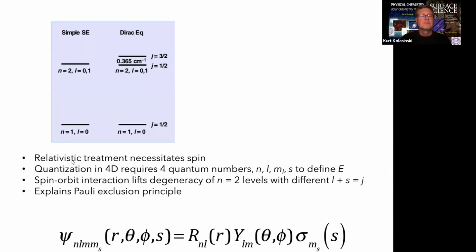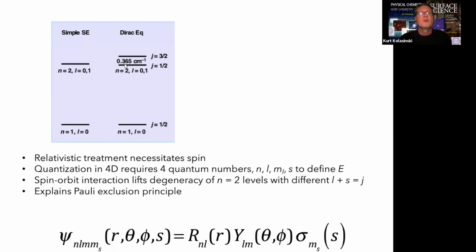Okay, so in the simple Schrödinger equation, energy only depends on n, so all the n equals 2 levels have the same energy. They're all degenerate. But when you do the fully relativistic treatment, boom, spin falls out naturally, and we get these four quantum numbers, n, l, m sub l, and s, and they all play a role in defining the energy of the system, because from the Dirac equation, we get this spin-orbit interaction, and that lifts the degeneracy here.